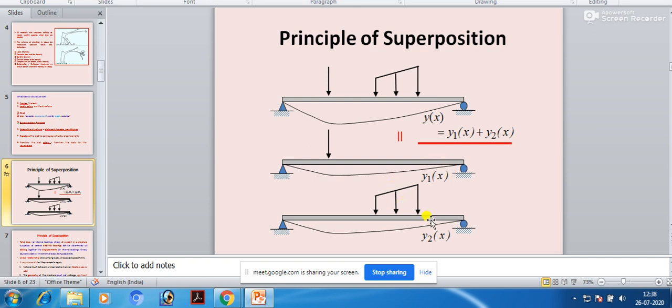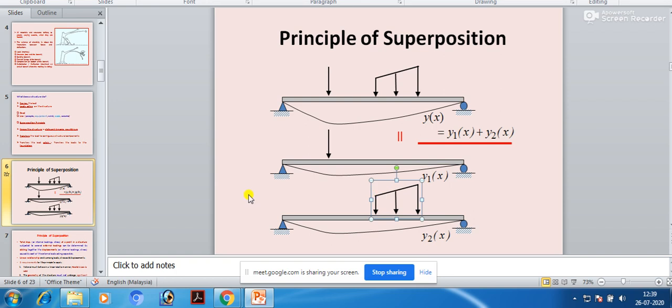If you sum it up, this y(x) is equal to y1(x) plus y2(x). y1(x) is the deformation because of this point load, and y2(x) is the deformation because of this uniformly varying load. So the principle of superposition is a very simple thing.